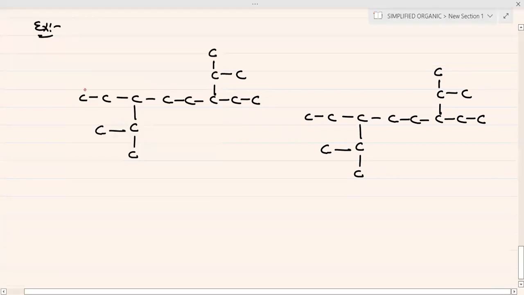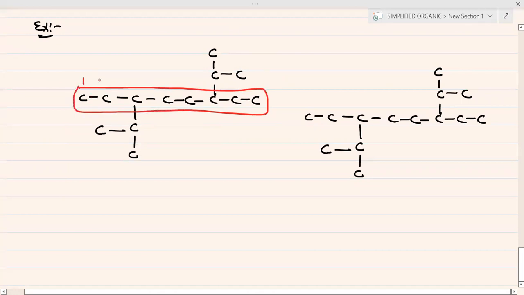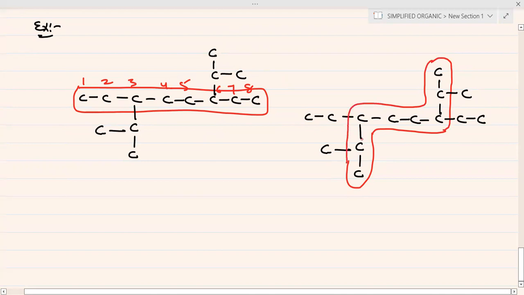In the first case, if I take this as the longest chain, so 1, 2, 3, 4, 5, 6, 7, 8 is the root word. Now, if I take a longest chain in this way, now please check. It's 1, 2, 3, 4, 5, 6, 7, 8. This first structure has the longest chain of 8, and the second also has the longest chain of 8 carbons.